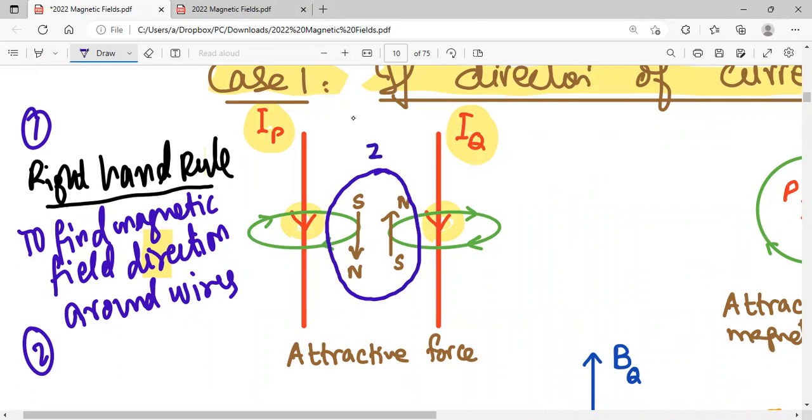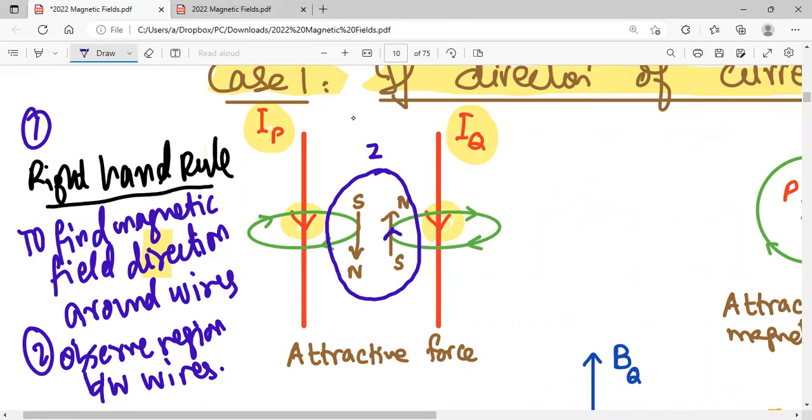This is point 2. So observe the region between wires. If you observe the region between the wires, you have to see whether both the magnetic field lines have the same direction or opposite.